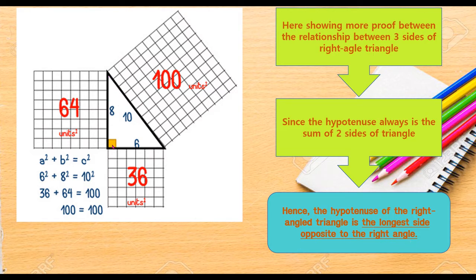When you studied polygons, you already learned that one of the triangles is the right angle triangle. When we have a right angle triangle, inside the triangle there is always one right angle. When you can determine the position of the right angle, the side opposite the right angle is the hypotenuse.